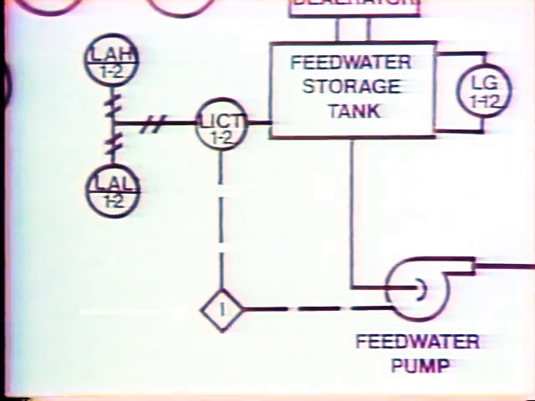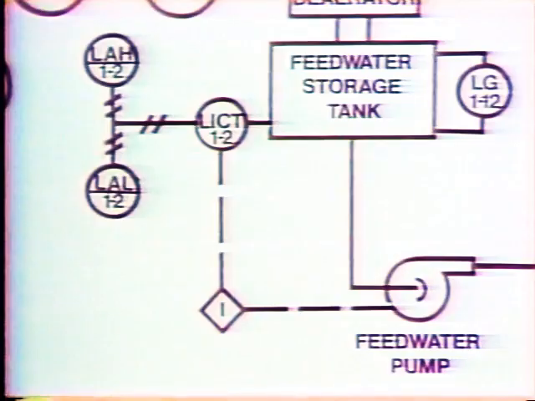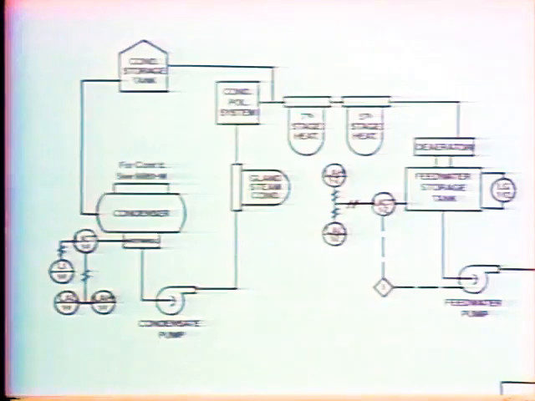Connected to the level transmitter is an interlock system to protect the feed water pump. The interlock system is indicated by broken lines and an interlock symbol which is diamond-shaped. This interlock system prevents the feed water pump from being run when the storage tank level is low.